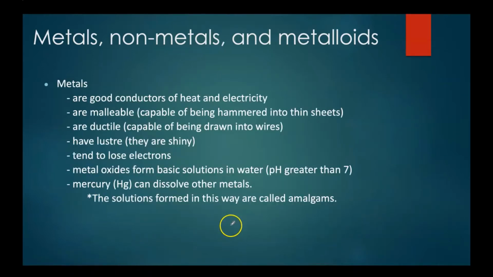So let's talk about the metals. Metals are good conductors of heat and electricity, and we can hammer metals and turn them into thin sheets. They're also ductile, meaning they're capable of being drawn into wires, and they're very shiny. They tend to lose electrons, because metals form positive charges, meaning they're cations.